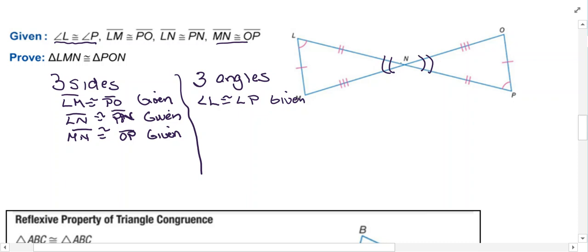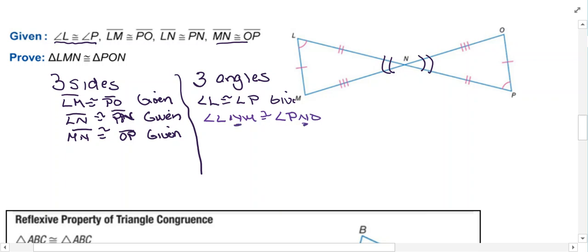So L, N, M, this is M, right? So angle LNM is congruent to angle PNO.